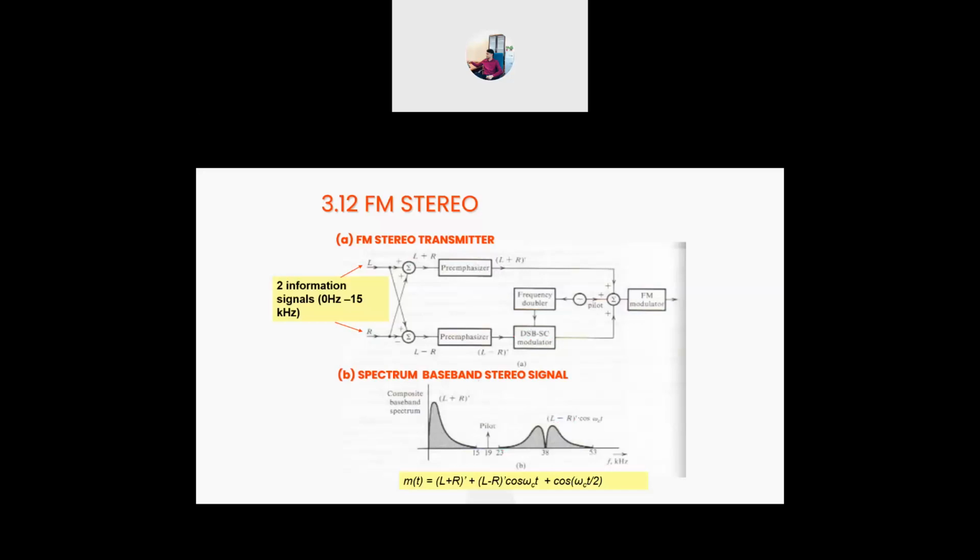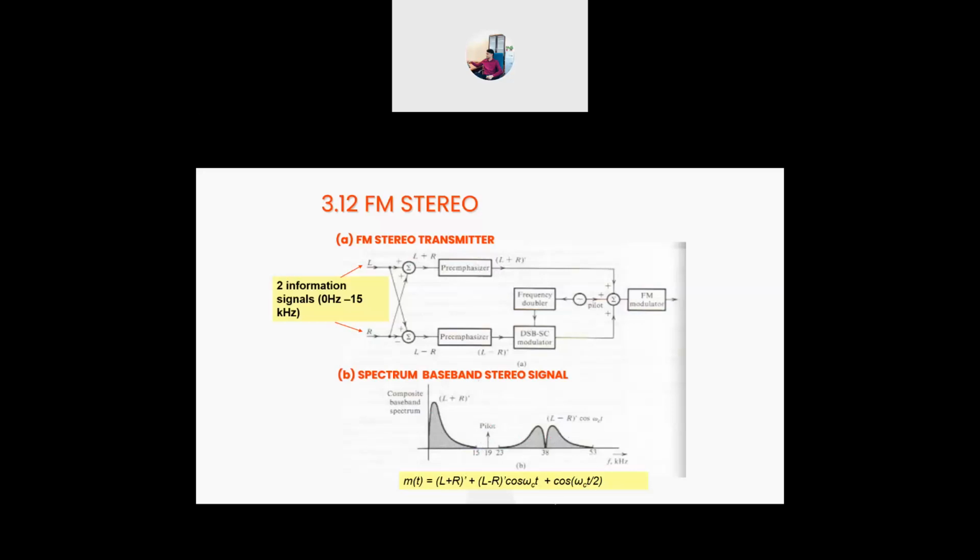This is your left minus right prime modulated with double sideband suppressed carrier, which means we only need the sidebands. We don't need the carrier, that's why we don't have it, and that's why it is double, because these are double sidebands. Then this is your pilot frequency, 19 kilohertz. So m(t) is equal to left plus right double prime, plus left minus right prime cos omega ct, plus cos omega ct over 2.